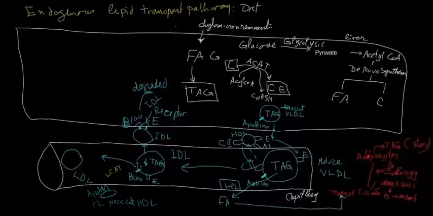lysolecithin. The cholesterol comes from the IDL to the surface of nascent HDL and reacts with lecithin in a reaction that is catalyzed by the liver enzyme LCAT. LCAT is activated by ApoA1. So ApoA1 on the nascent HDL is going to activate LCAT, so it is going to transfer an acyl group from lecithin to cholesterol.